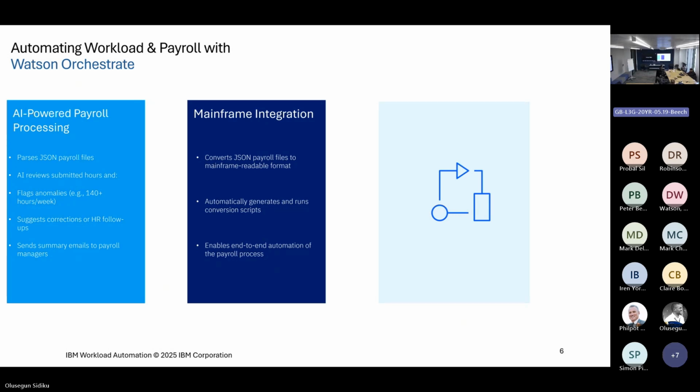What we've seen in the marketplace is that some of our competitors actually have some sort of integration with other AI solutions. We've seen ChatGPT with probably one of our competitors, whose name I'm not going to mention. But what differentiates us is that this is an IBM solution.